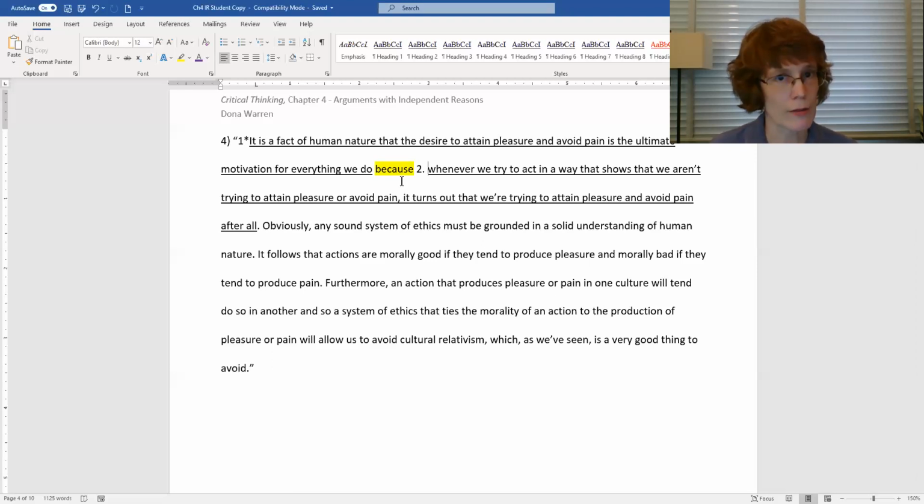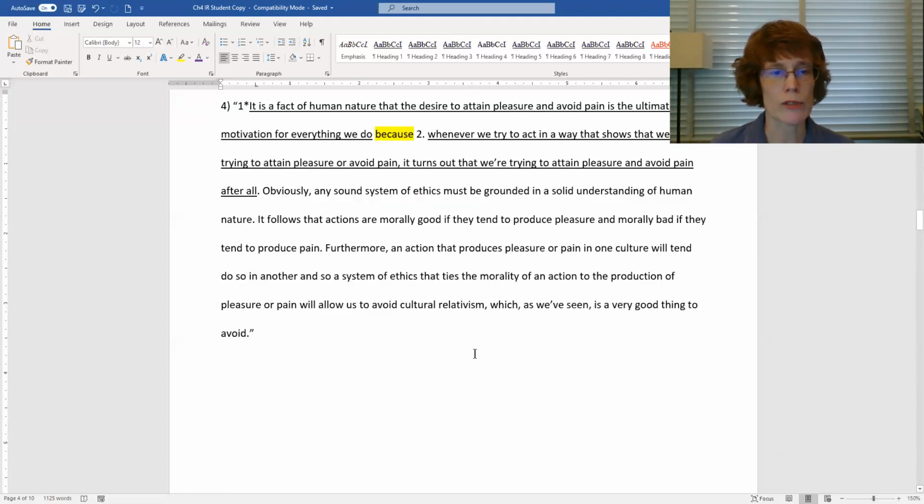Okay, so what do you have? Because, remember, is a reason indicator expression. It says what follows me is a reason to believe something else. So that means that 2 is a reason to believe 1, and I'm just going to move this up here so I have a little bit more room. So we're going to have 2 as a reason to believe 1 asterisk, like that.